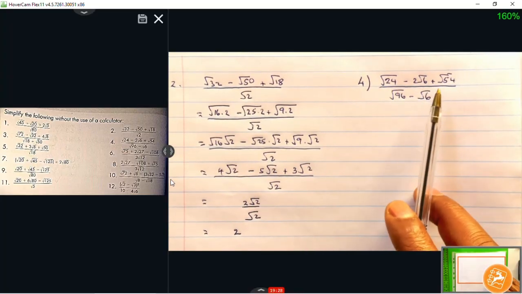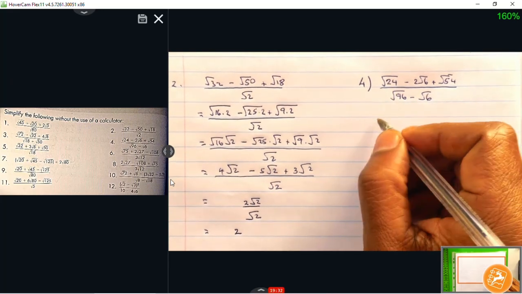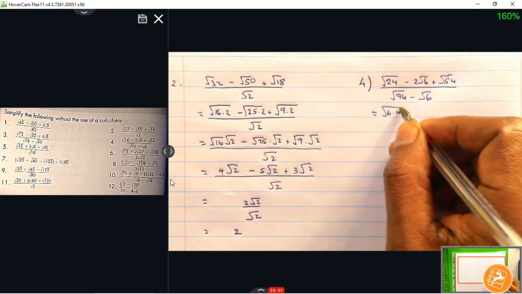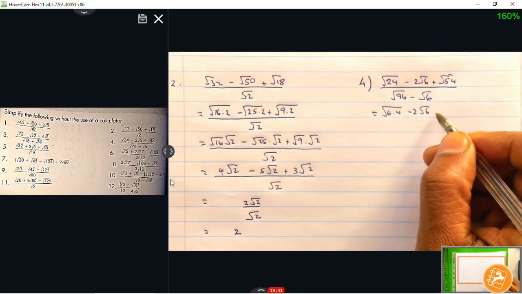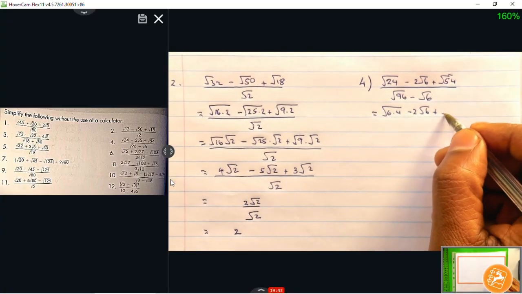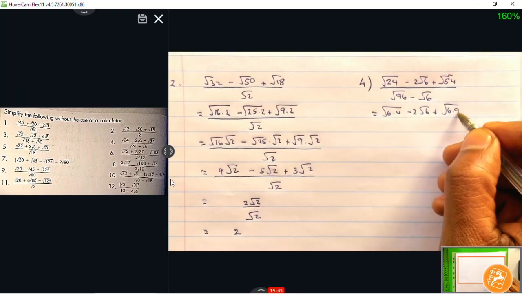And if I know my times tables, I can see that 6 is there in these ones. I know that this one is 6 times 4. I also have a 2 root 6 there. Then I know this one, that it is 6 by 9.